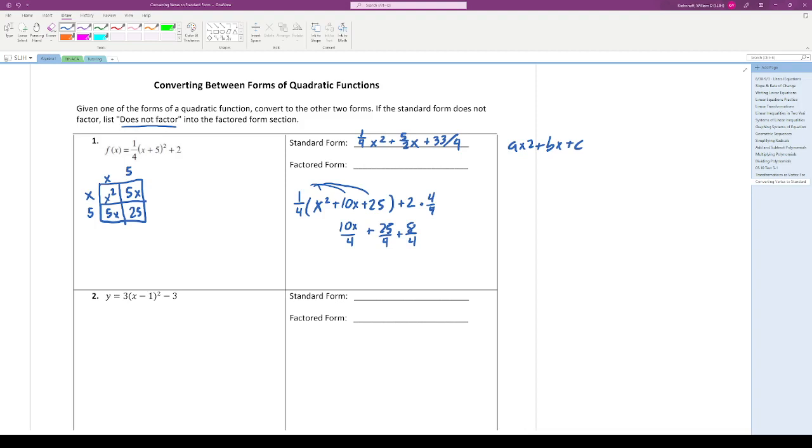So the fact that this is 1/4 x squared, if you think about putting that in our area model, and we put x squared over 4, there's nothing we can multiply to make that is not going to be a fraction as well. So there's absolutely no way we can create these fractions if we're just multiplying integers together. So here we're going to put does not factor.